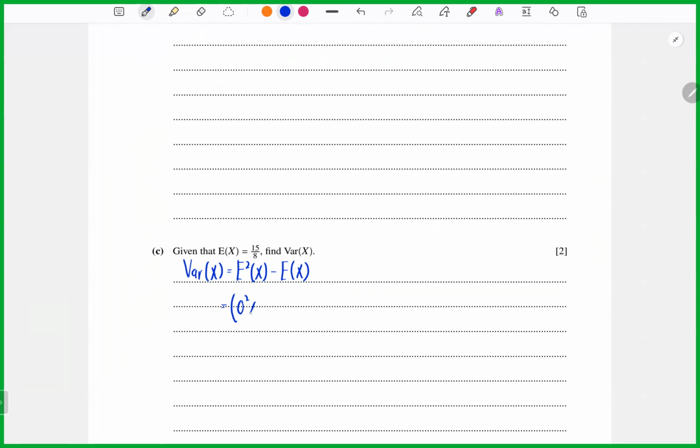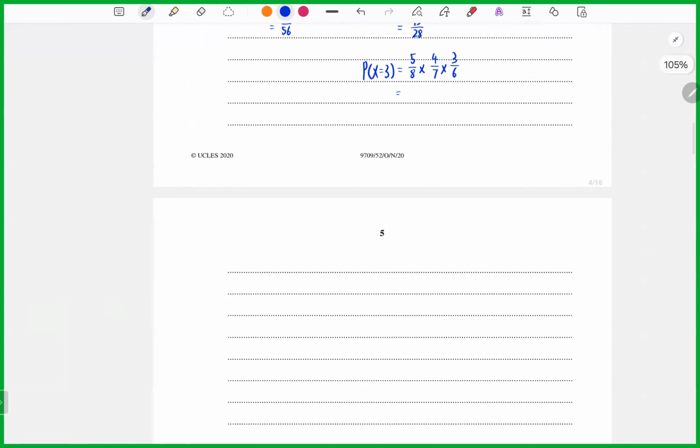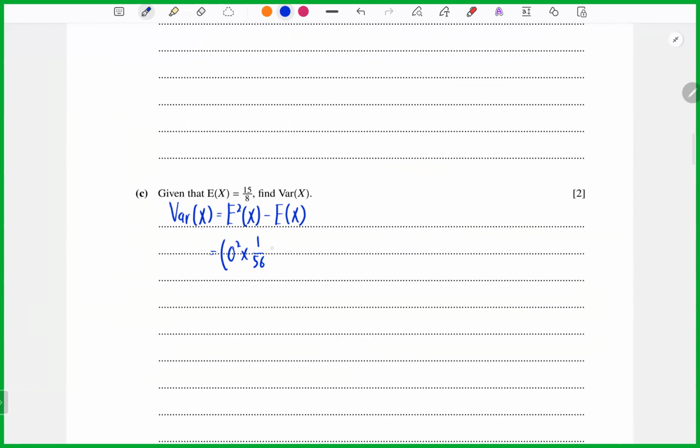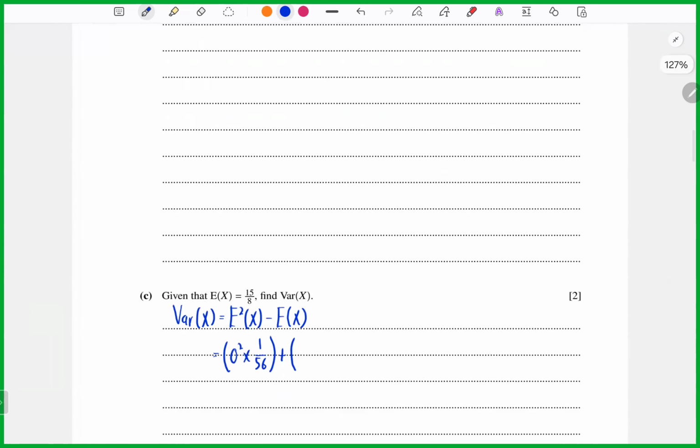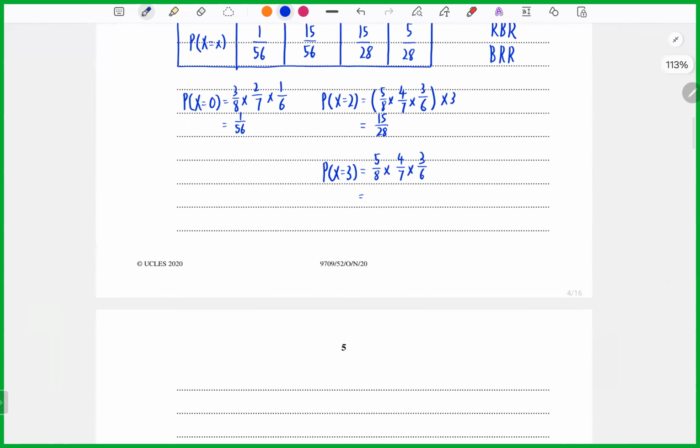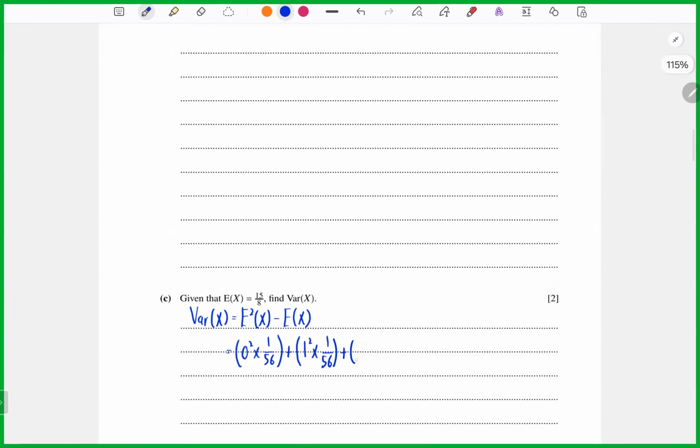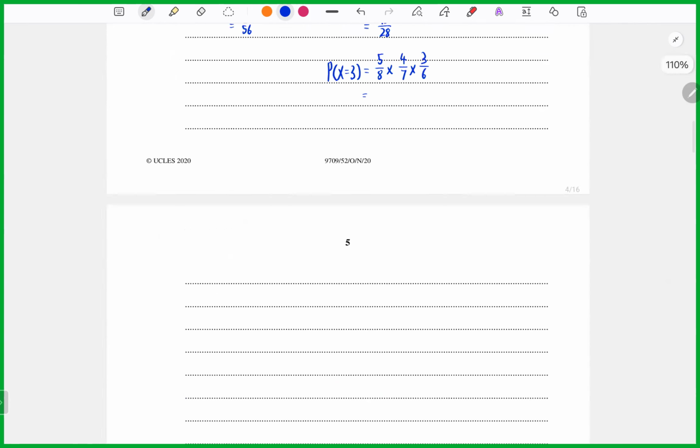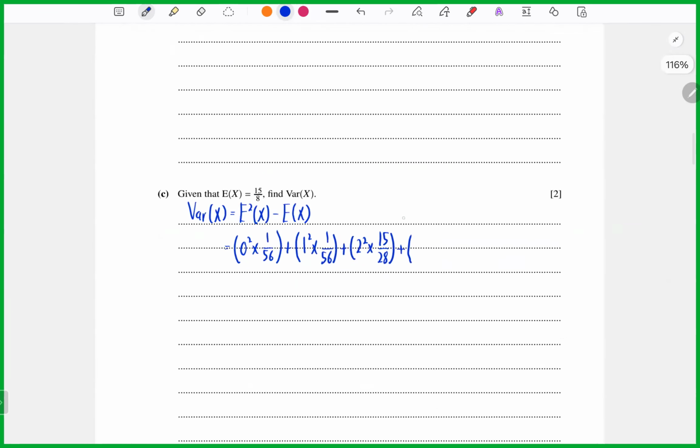So I take 0 squared multiply 1 over 56 plus 1 squared multiply 15 over 56 plus 2 squared multiply 15 over 28 plus 3 squared multiply 5 over 28, and then minus 15 over 8 squared.